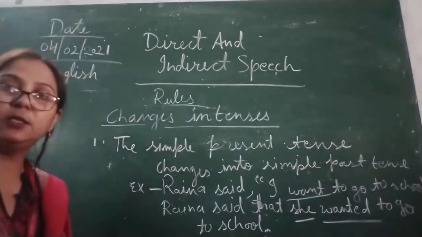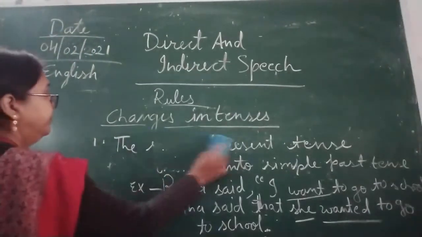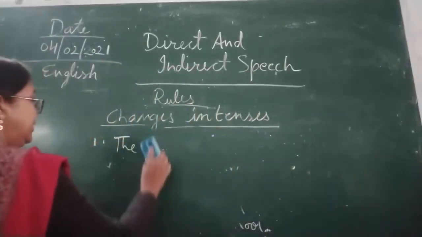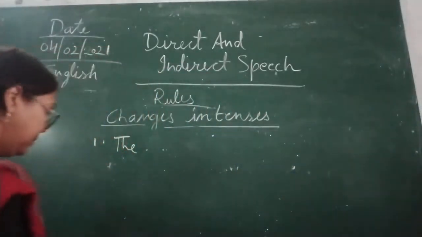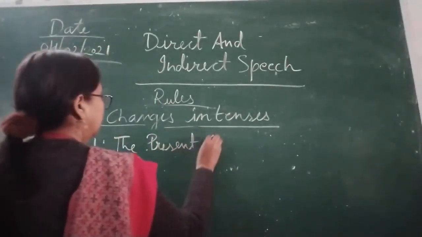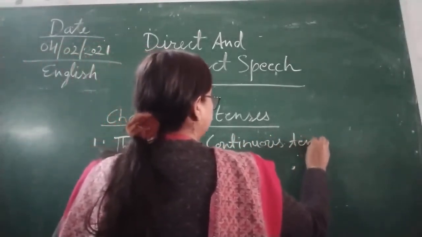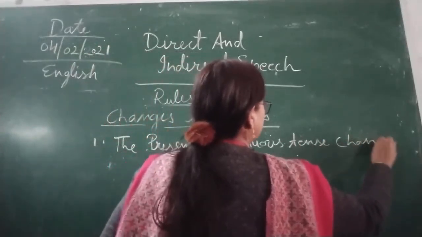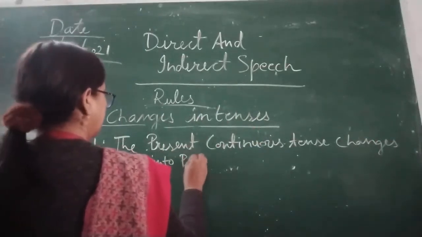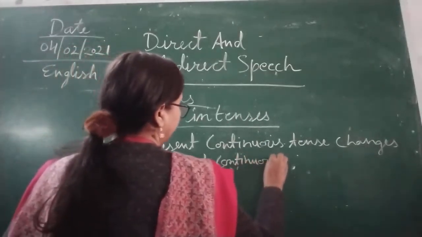Now we are moving to the next rule. The next rule is the present continuous tense. The present continuous tense changes into past continuous tense.